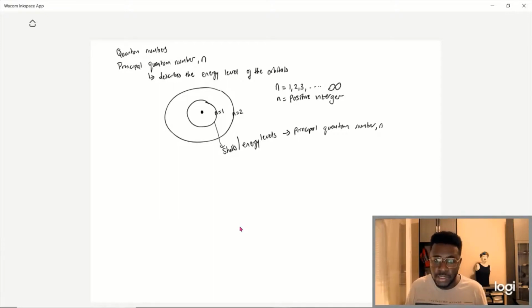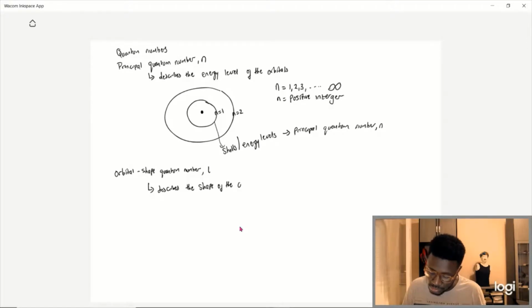Okay, the next is the orbital shape quantum number. This is written as l. So this describes the shape of the orbital. We have different shapes, different types of orbitals.